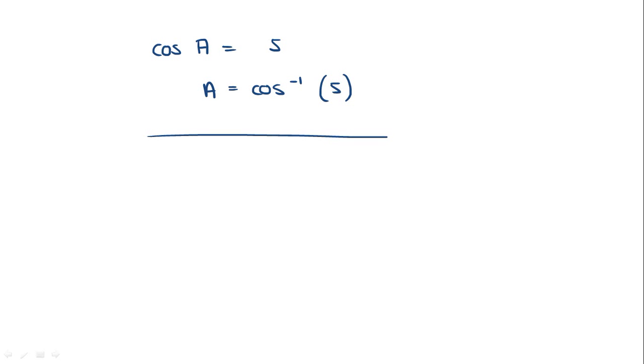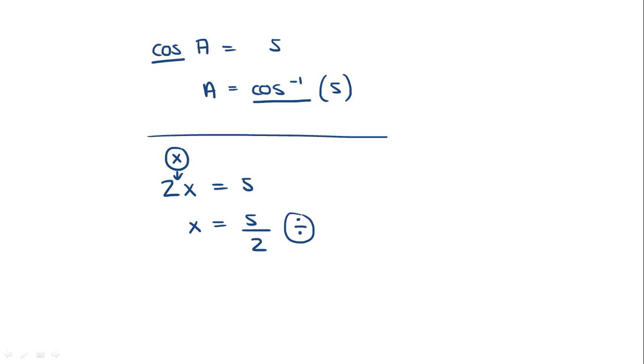So we're seeing that on the left, we have cosine of A, and then we bring it over and it changes to cosine inverse. So this is the same as when we have 2x is equal to 5. We know that the next line is x is equal to 5 divided by 2. So on the left, we're multiplying 2 by x, and then on the right, on the next line, we're dividing.